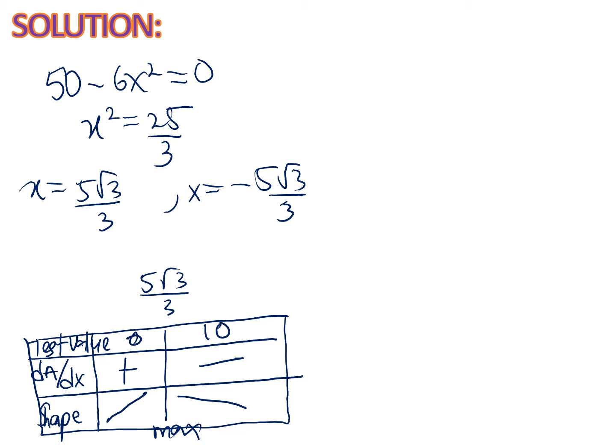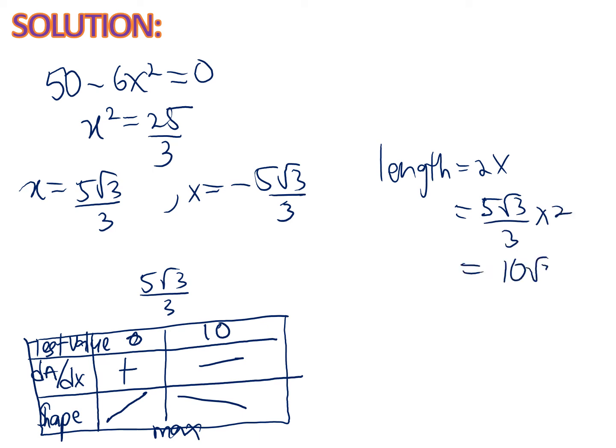Yes. So by using this value, since the question wants us to find the length and width, the length is actually 2x, where x is 5 root 3 over 3. So we substitute 5 root 3 over 3 multiplied by 2, and we will have 10 root 3 over 3.